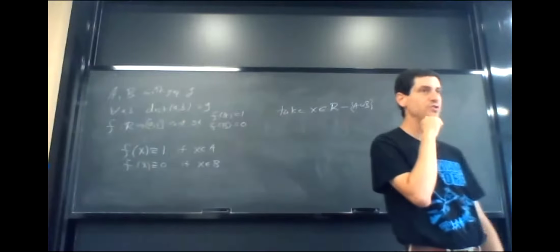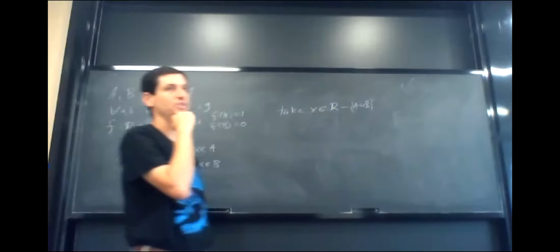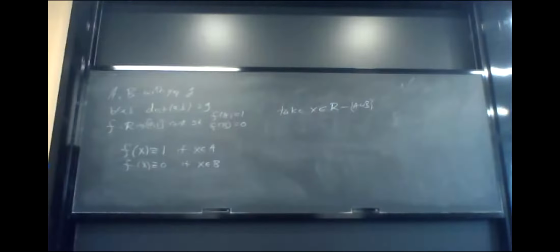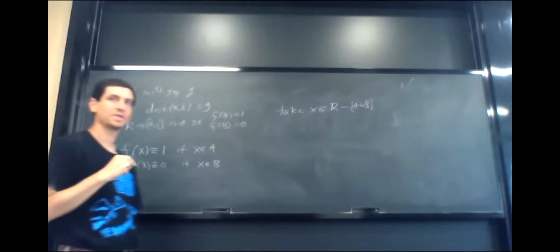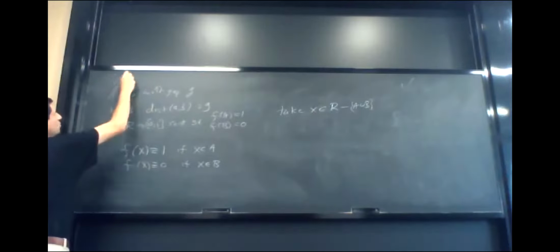Okay, so right now A and B are not closed. Sure. So do we want to consider A and B closed? If there's a gap, you can just close both. So let's consider closed sets.